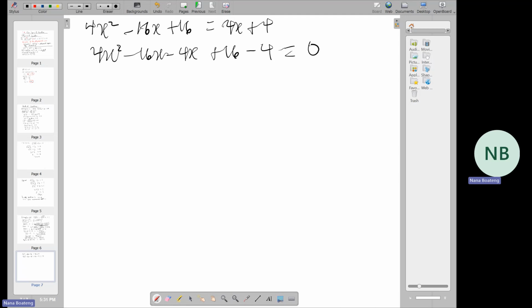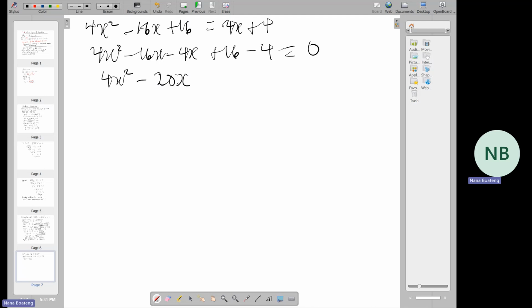So this gives us 4x squared minus 20x plus 16 minus 4, which is 12.